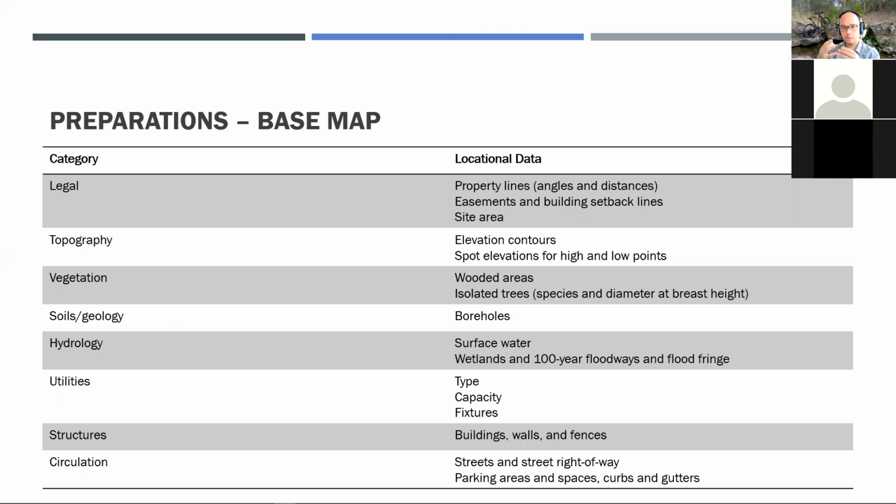One of the reasons we should prepare a base map is that the base map itself serves as a template for attribute mapping and analysis, as well as for subsequent site planning and design drawings.